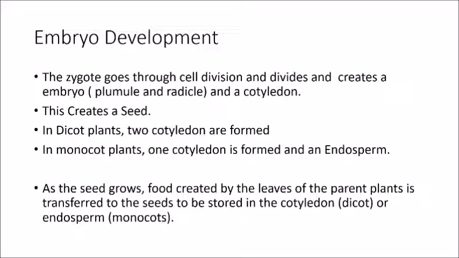That's going to be stored inside the cotyledon. And this food that's being stored inside the cotyledon will be useful to the seed once it goes through germination. Because like I said earlier, that growing embryo is going to need some type of food in order to supply it with energy as it starts to grow.